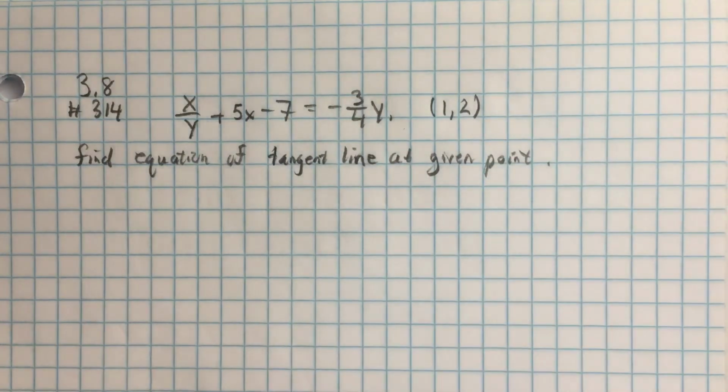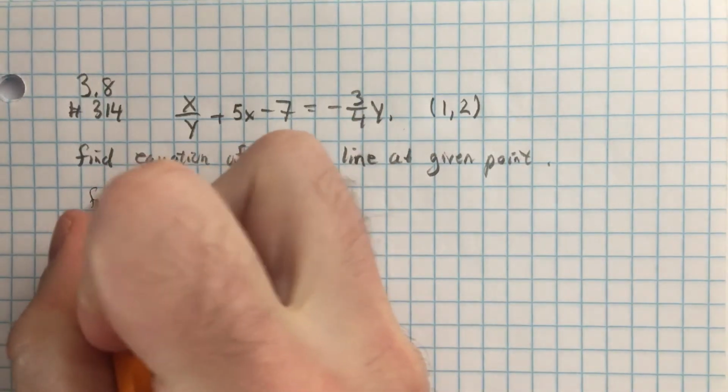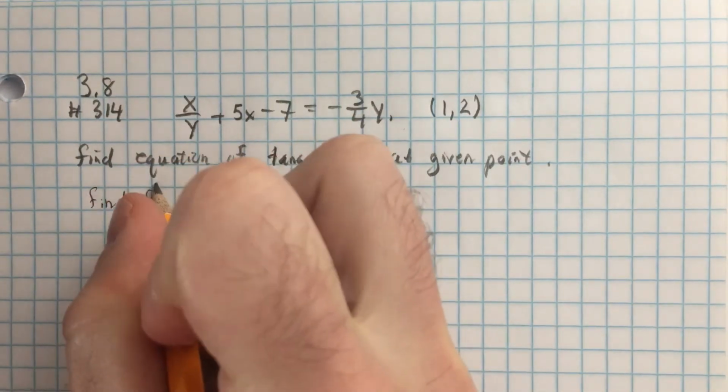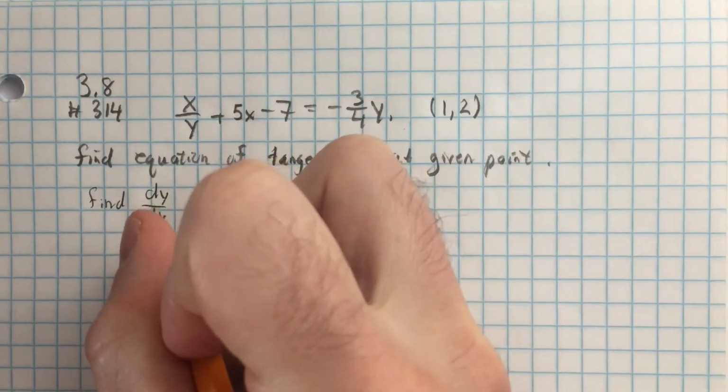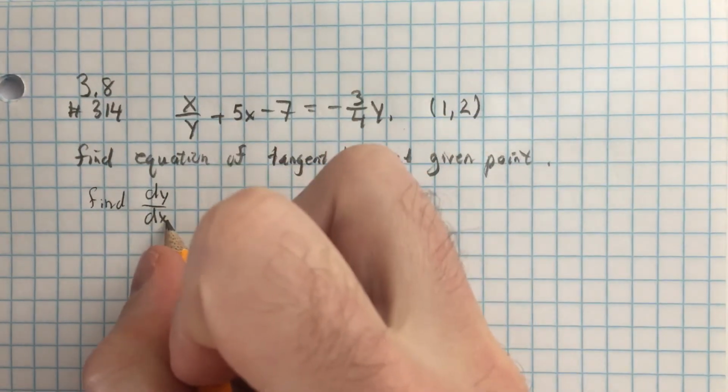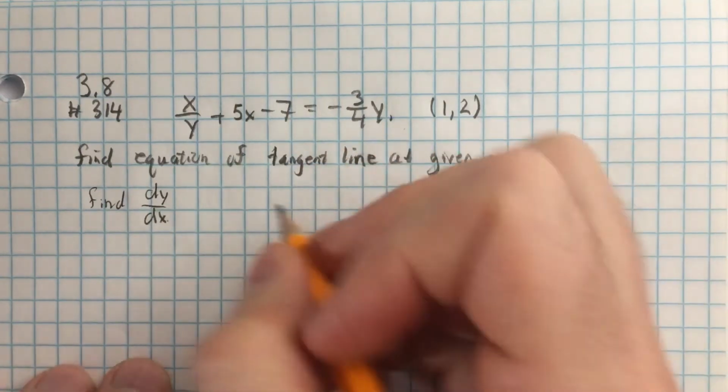Again, we need the slope of the tangent line. Slope of the tangent line means we need the derivative, dy/dx specifically. So we must find the derivative dy/dx. That means we want to apply the d/dx operation to both sides of this equation.